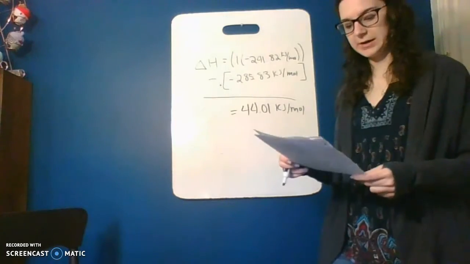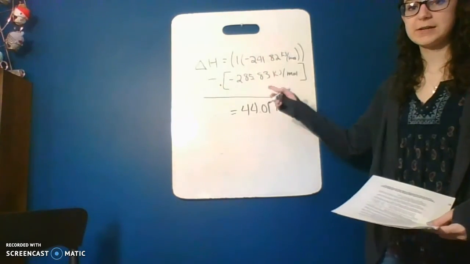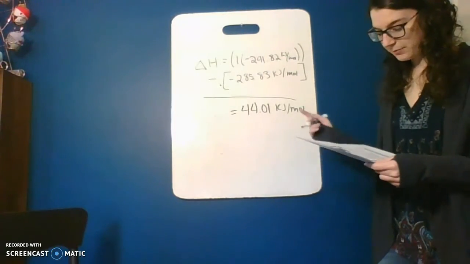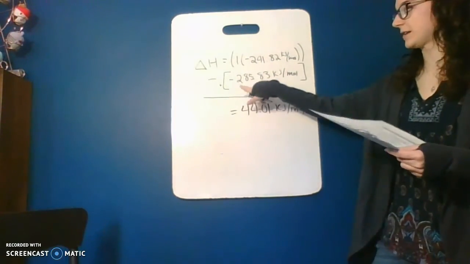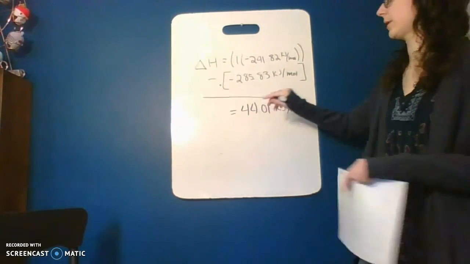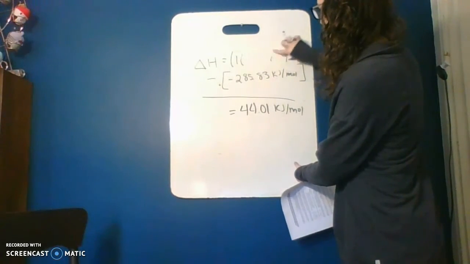This time, remember, it is the standard heat of formation for products minus the standard heat of formation of reactants. My product in this case is liquid water, which has the standard enthalpy value that I listed here for problem number 3. So these two values are basically going to change.